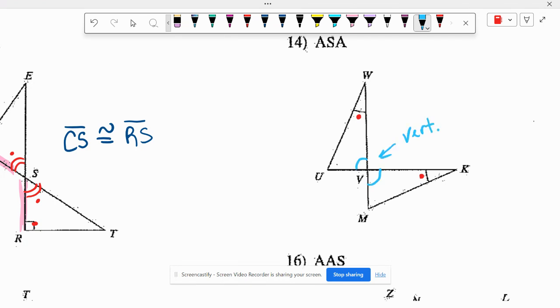Vertical angles, and we know that those are congruent to each other. So if I'm going to use angle, side, angle, what is the side that's in between them that has to be congruent? Yeah, WV and KV have to be congruent to each other.